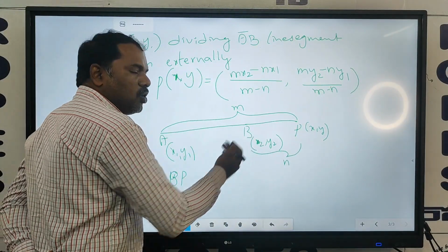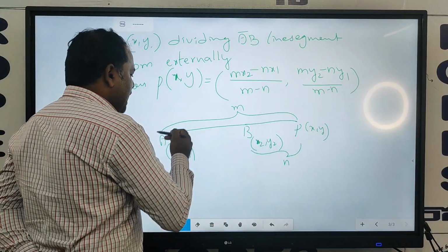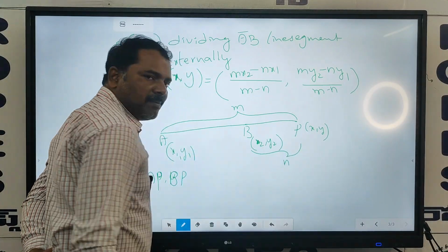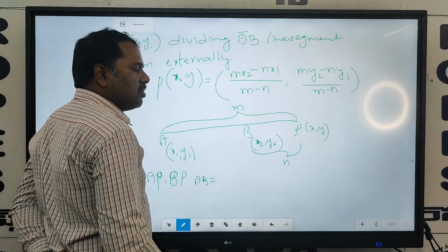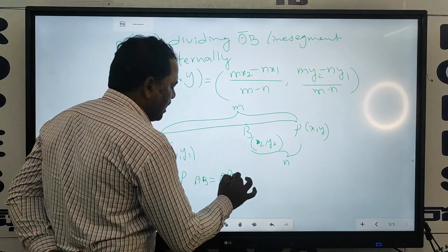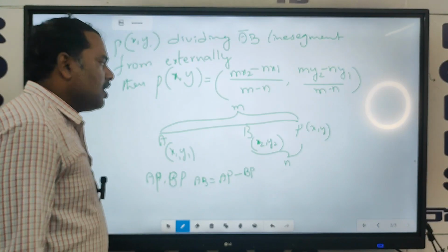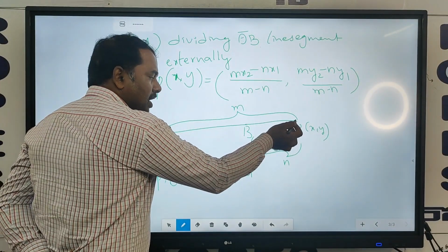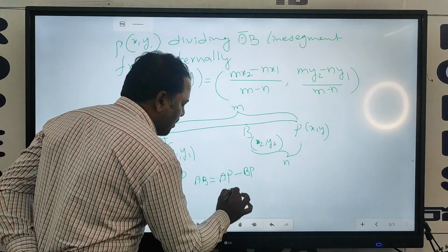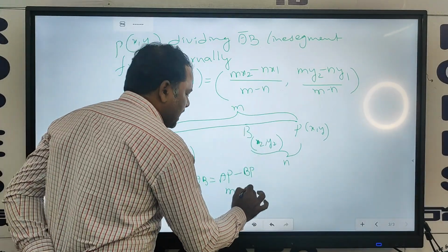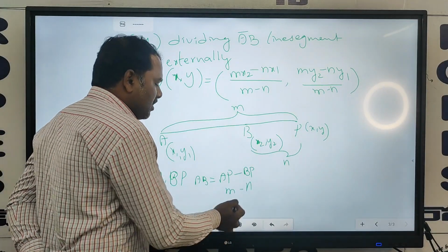To find AB, we have to take AP minus BP. So AB is equal to AP minus BP. Here AP is m and BP is n. So this is the minus symbol.